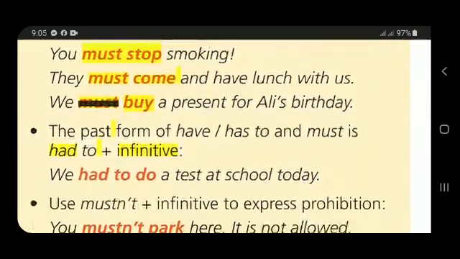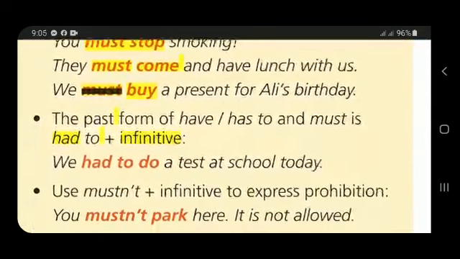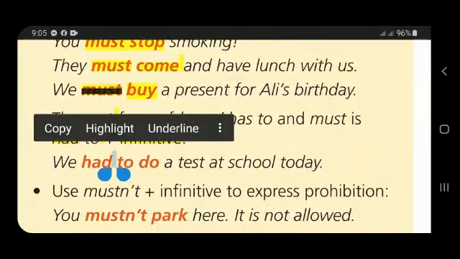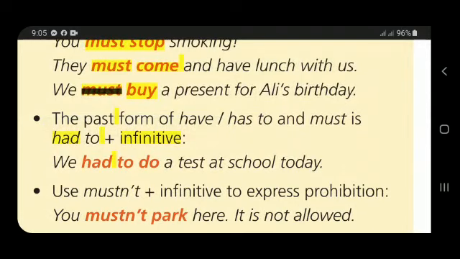Okay? Now we want to say that the past form of have or has to and must is had to plus infinitive. We use here had to plus infinitive to show that this is the past form of have or has to and must.